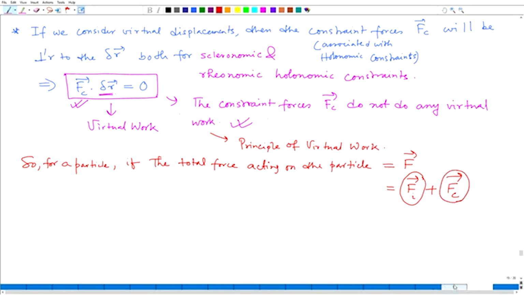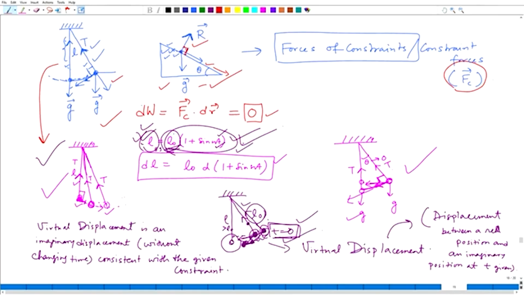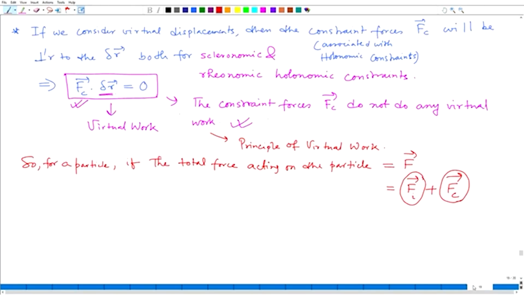So, for example, for a pendulum, once again the force F I is nothing but the weight of this mass, because this particle is moving in the gravitational field of the earth, so g is acting on it and m times g is the weight force, and that is F I, whereas the tension force only comes because the particle has to be attached to a string which maintains its length L, and that is why T is there.